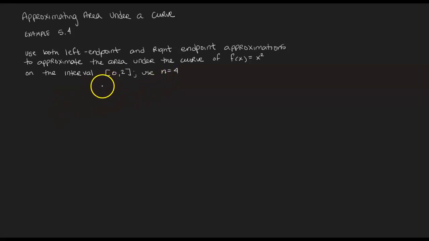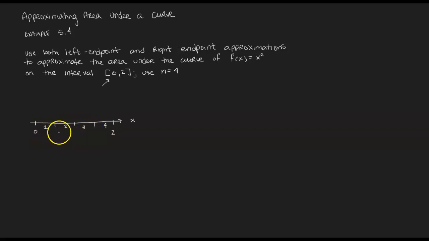First off, the interval that we need to divide up goes from 0 to 2. These are x values, so let's represent the interval 0 to 2 on the x-axis. We're using n equals 4, which tells us that we need to make 4 subintervals. So from 0 to 2, I need to break this up into 4 separate parts: there's the first one, the second one, the third one, the fourth one.